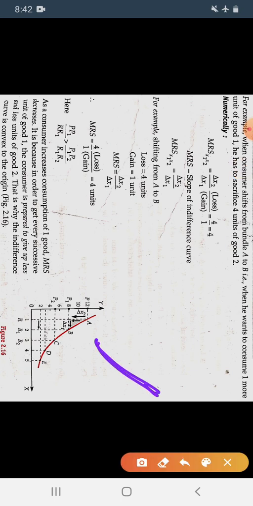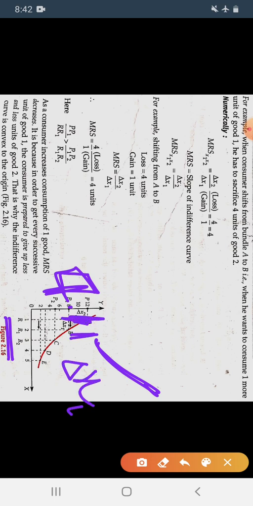Here PP1 and RR1 are given on the diagram. See, in this diagram, PP1, the change is delta x2.